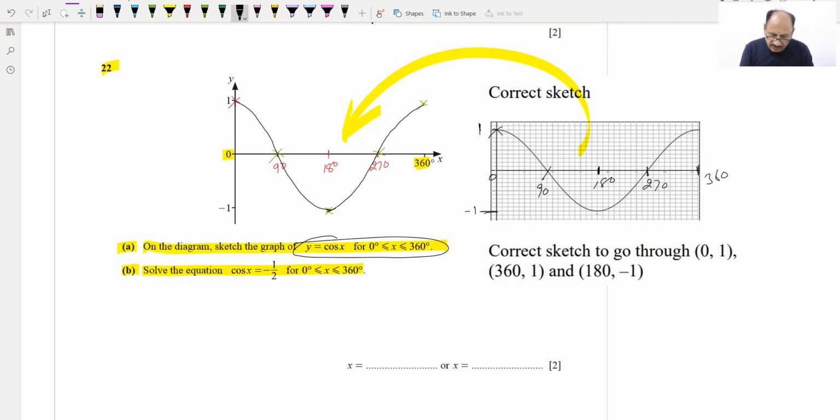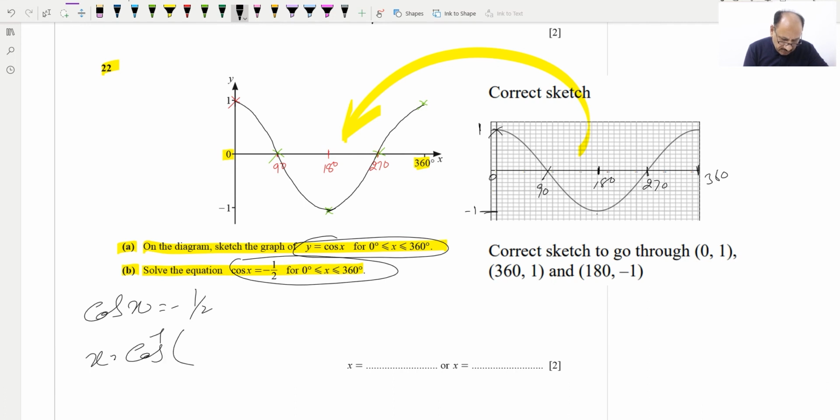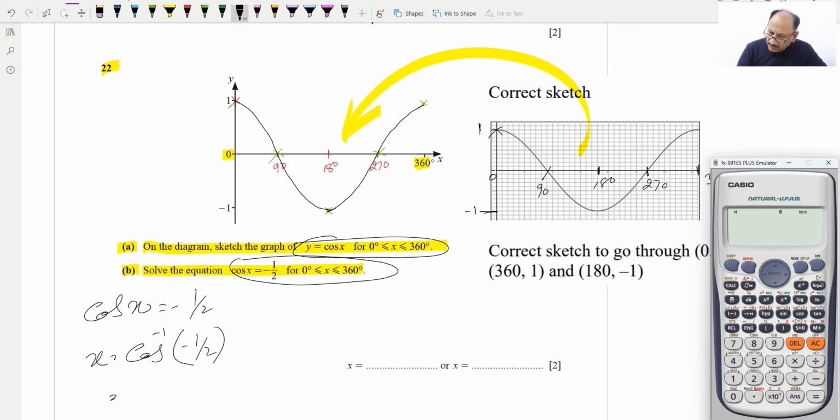Now for B part, we need to solve this given equation. We know that it's given cos x is equal to -1/2, so x will be equal to cos inverse of -1/2, or 0.5. And if we check with the help of calculator, shift cos of 0.5 will be equal to 60 degrees.